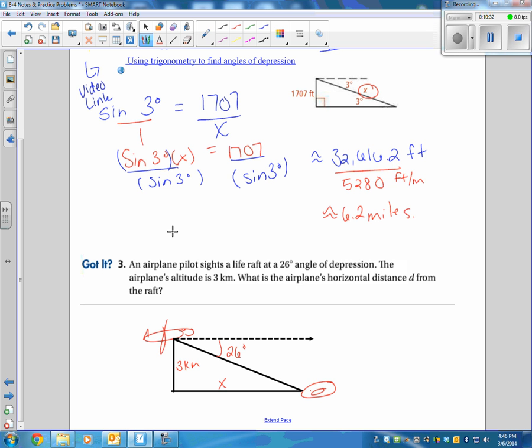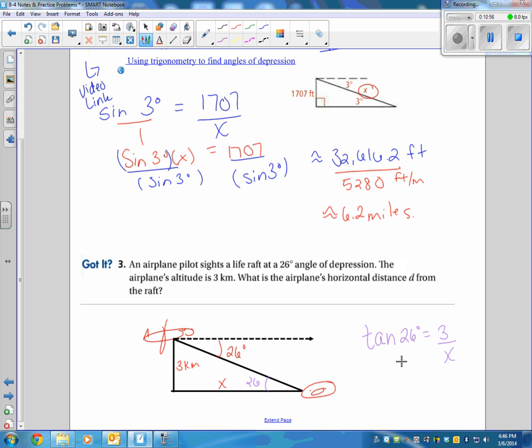And we know that if this is 26 degrees here, then this here is going to be 26 degrees, and we're going to use our opposite and our adjacent sides. So for here, I'm going to say the tangent of 26 degrees is going to be equal to 3 kilometers over x.